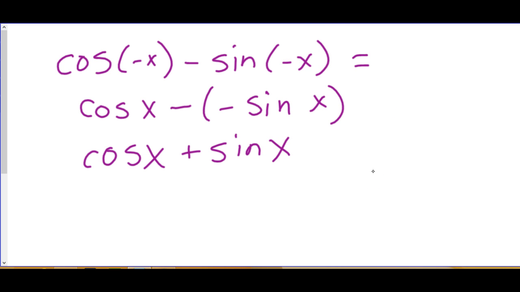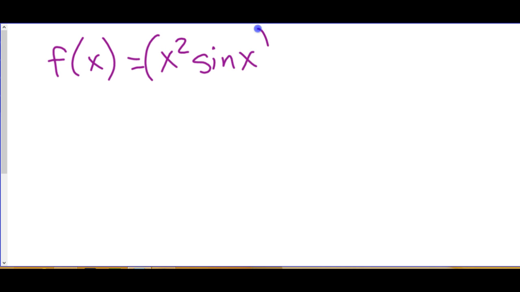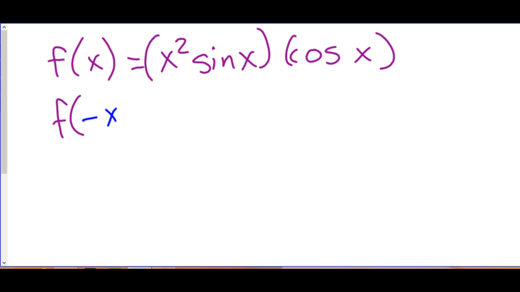If we want to actually check and see if something is odd or even, say we have f of x is x squared times sine x times cosine x. This time we have to plug in negative x ourselves. So we would have f of negative x equals, everywhere we see an x we replace with negative x.